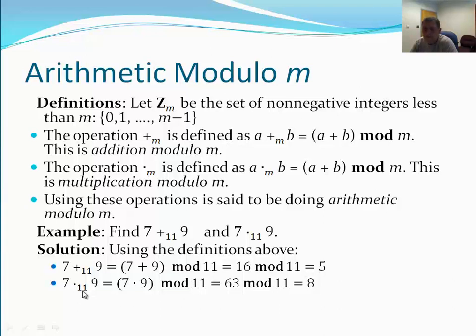And it's the same thing here. 7 times 9 mod 11: 7 times 9 is 63 mod 11. If you divide 63 by 11, the remainder is 8. That is what we are talking about.